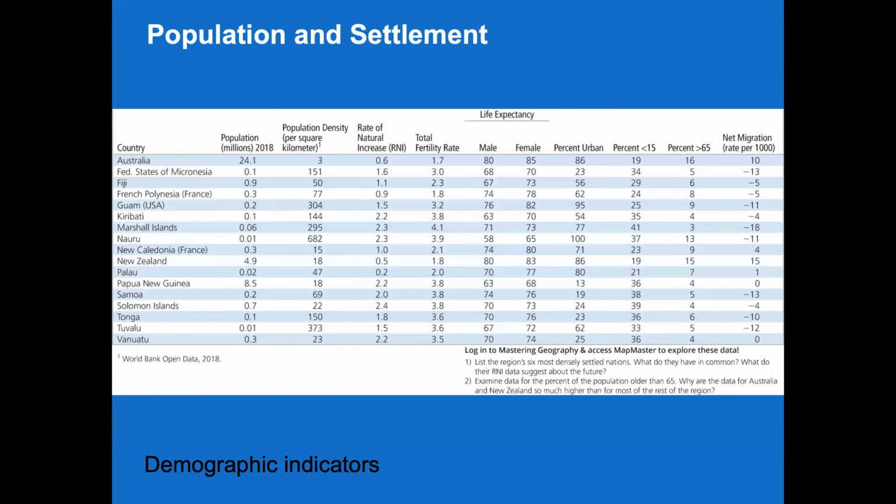If you look at some of the numbers, you'll see here about the fertility rates, with few exceptions, New Zealand, Australia, and French Polynesia, everybody's still in the 2 to 4 range. So that's still higher than most places are going. As you have probably seen throughout the semester, every region in the world, with the exception of Africa, and even Africa is dropping significantly.